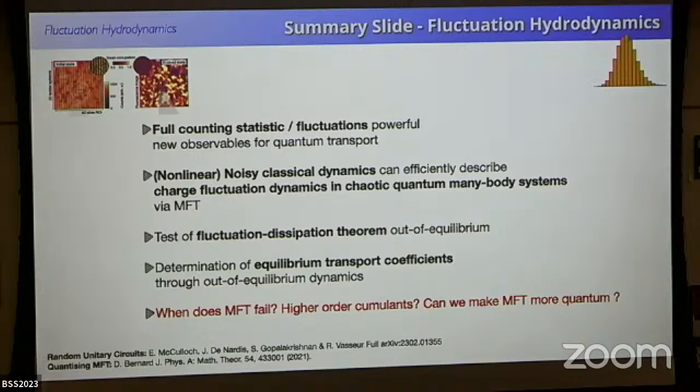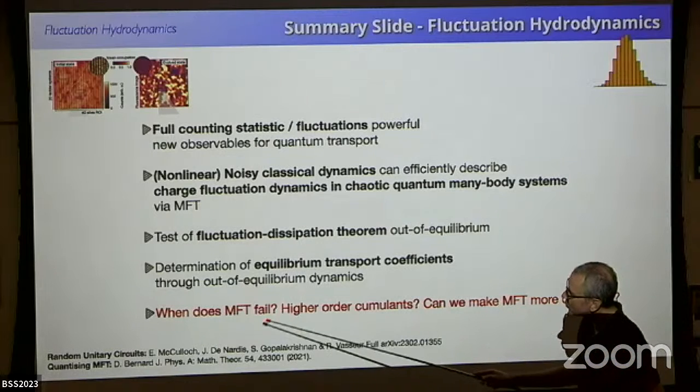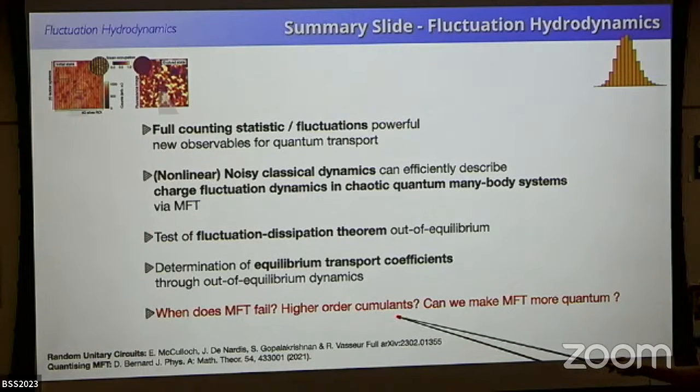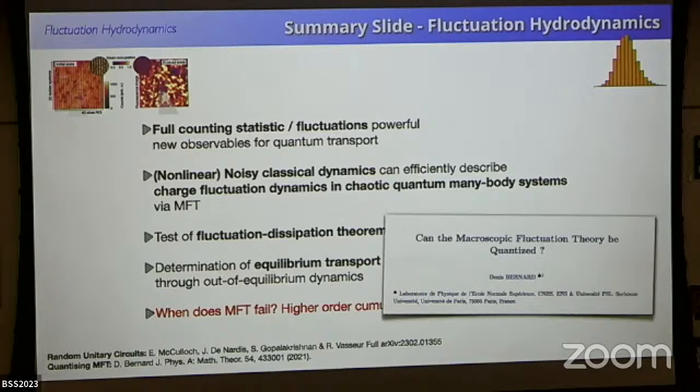What's of course also interesting is, maybe for the variance this works, but does this MFT also fail? Could we look at higher order cumulants, which do not show this? Do we have observables where we have interference structure that would not fall into this way of describing them? Or could we make MFT more quantum? And this is not just myself dreaming. There are really people from that community.